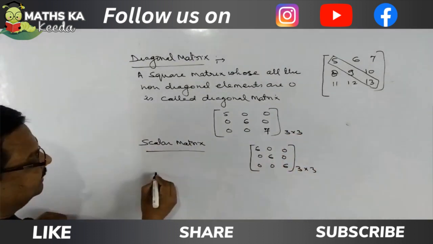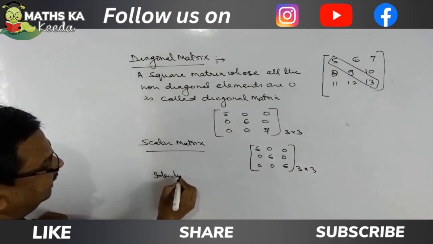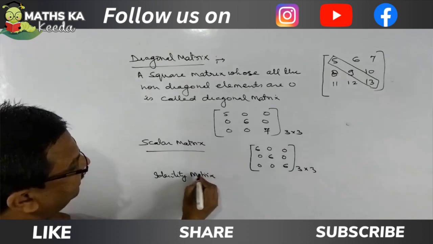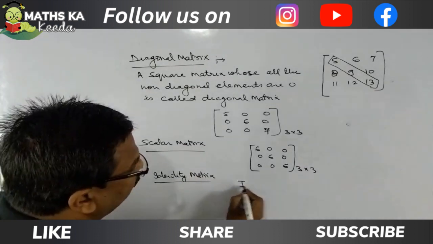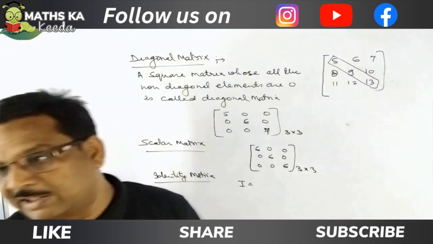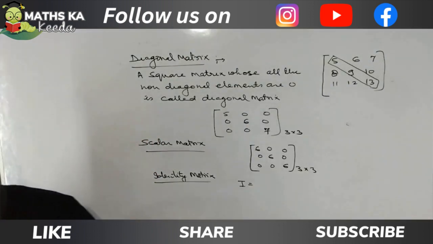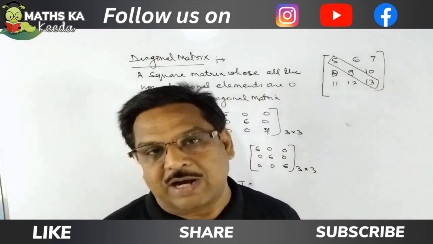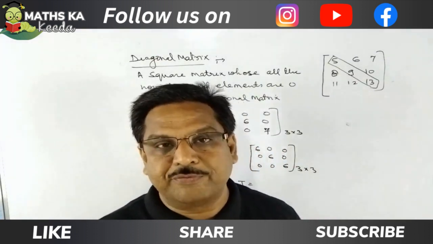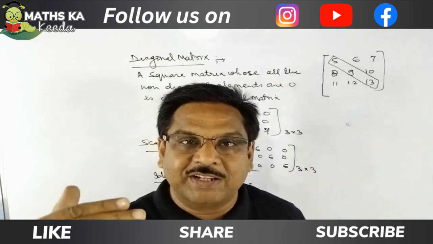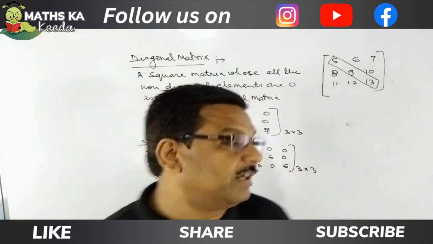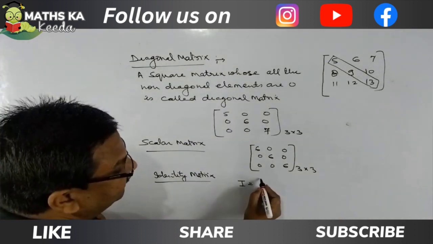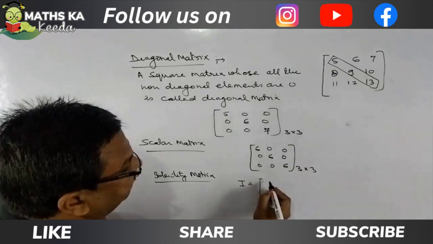After this, friend, I want to discuss here identity matrix. What is identity matrix? In case of identity matrix, you should denote the identity matrix by the letter I. देखिए what a difference in diagonal matrix, scalar matrix and identity matrix. देखिए in case of identity matrix, the diagonal is always 1.